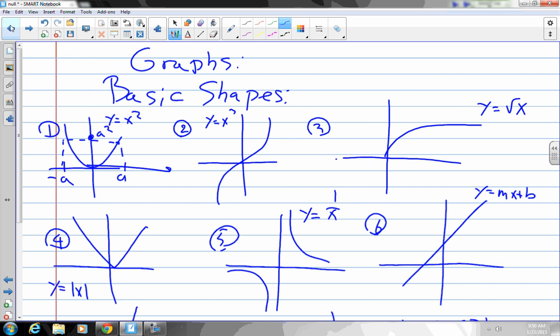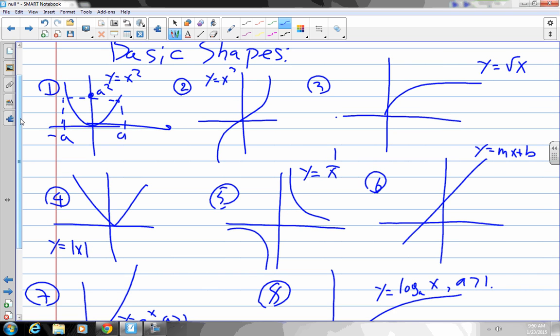If I go back, there's another type of symmetry, like on the cubic one: every point on the graph, if you rotate it 180 degrees, you get another point on the graph. So it's about the origin. That means here you have x, y, and here you have negative x, negative y. So if you change the sign of x, it will change the sign of y as well. We call those odd functions, symmetric around the origin.